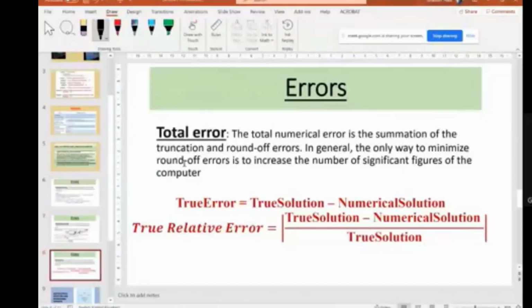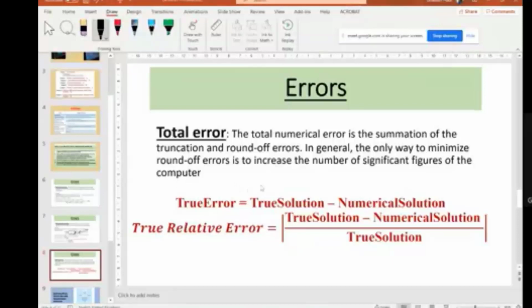Now, the total numerical error is the summation of the truncation and round off error. In general, the only way to minimize round off error is to increase the number of significant figures of the computer.